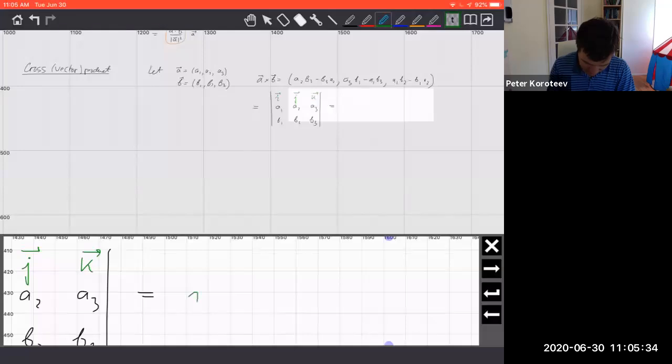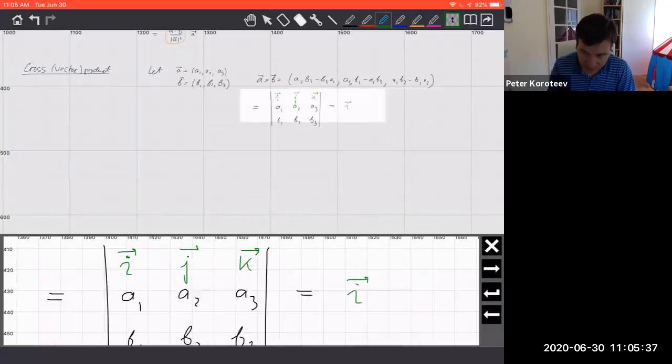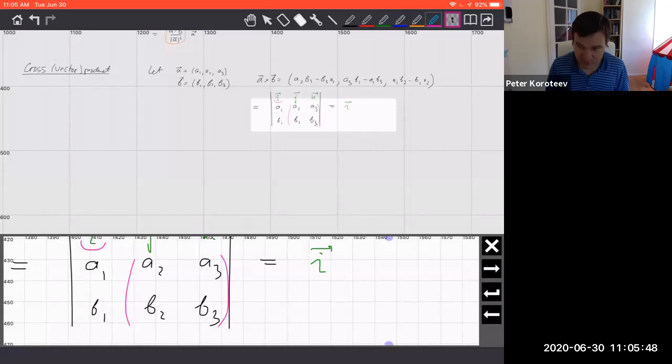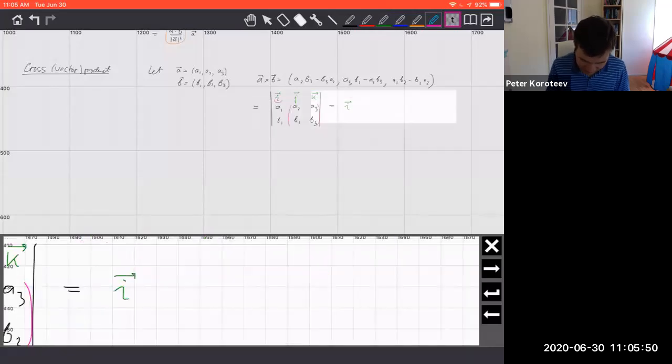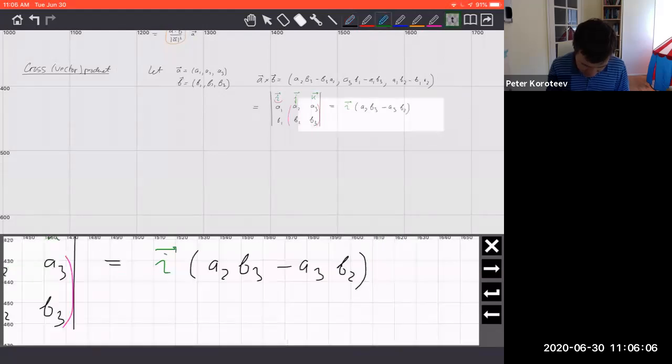According to the rules of linear algebra, if you take this element and cross out the first row and the first column, and then calculate the minor, the determinant of this matrix, it will be I times A2B3 minus A3B2. Now, in the determinant formula, there's some combinatorics with signs, right? It will be minus J times its minor.